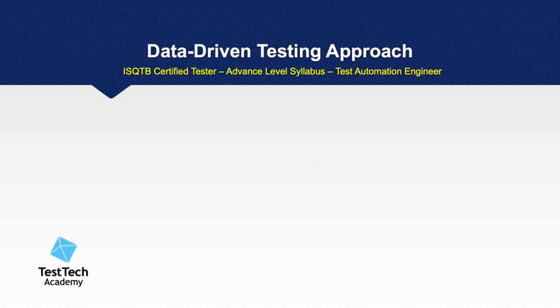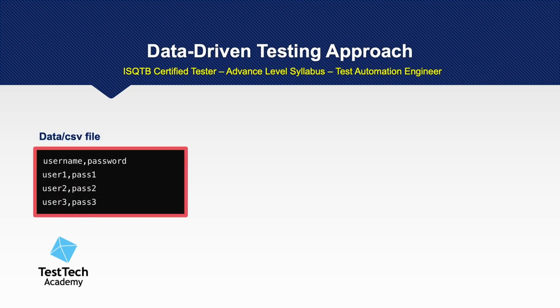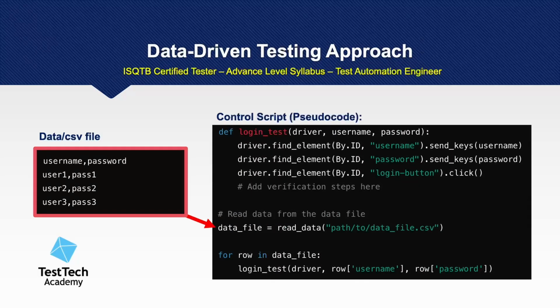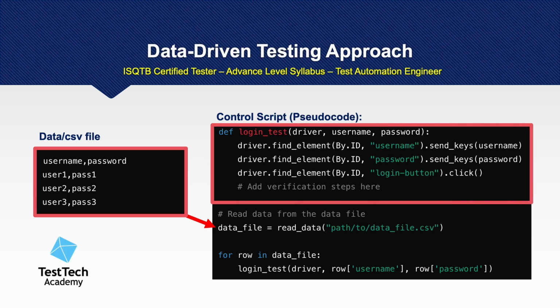To understand the concept of control script and data files, imagine you are testing a login functionality with multiple sets of credentials. Instead of writing a separate script for each set of credentials, you can use a data-driven approach. In this example, the login test function is the control script that performs the login operation.